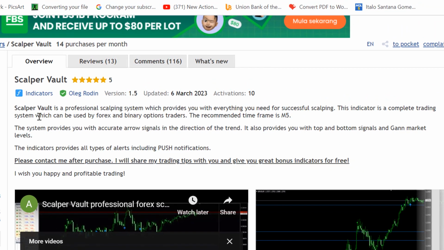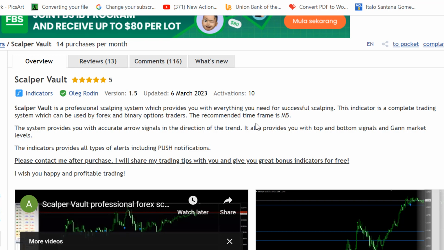According to the author, Scalper bot is a professional scalping system which provides you with everything you need for successful scalping. So this indicator is really very effective for scalping. It is a complete trading system which can be used by forex and binary option traders.